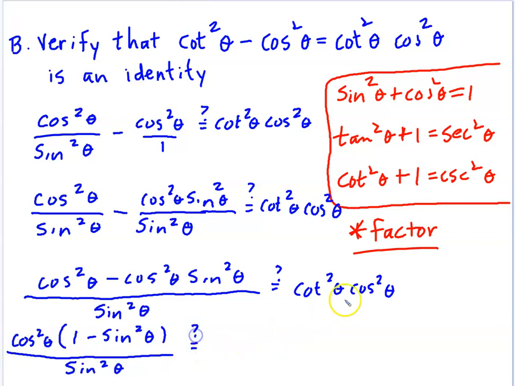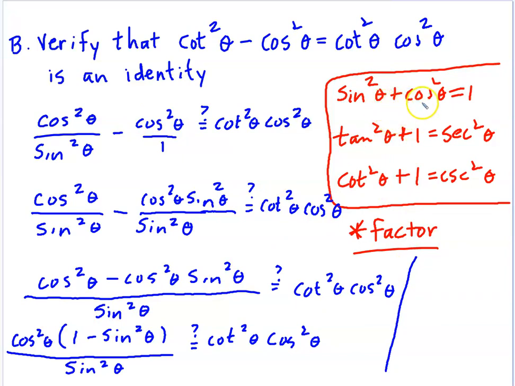Still working on making that look like the right side. Notice I haven't done anything to the right side, just been focusing on the left and trying to make the left side equal the right side. Okay, so far so good. So I know from this Pythagorean identity, I'm running out of space here, so see if I can squeeze it in over here.